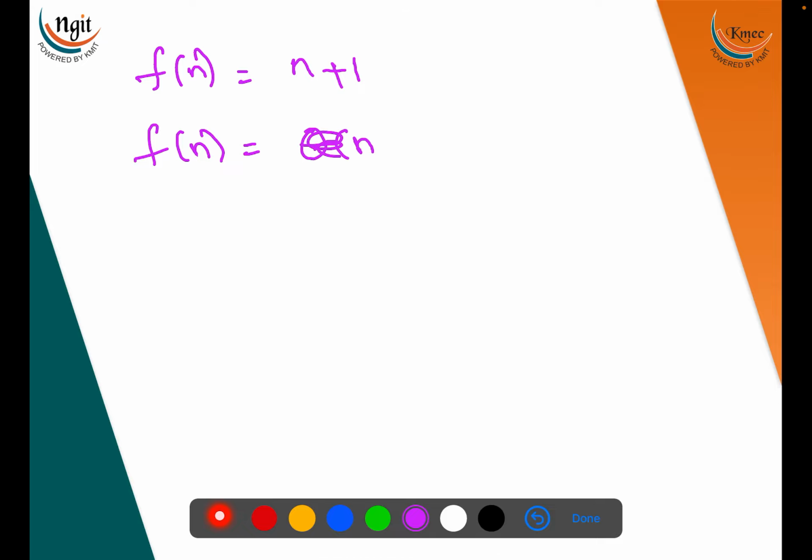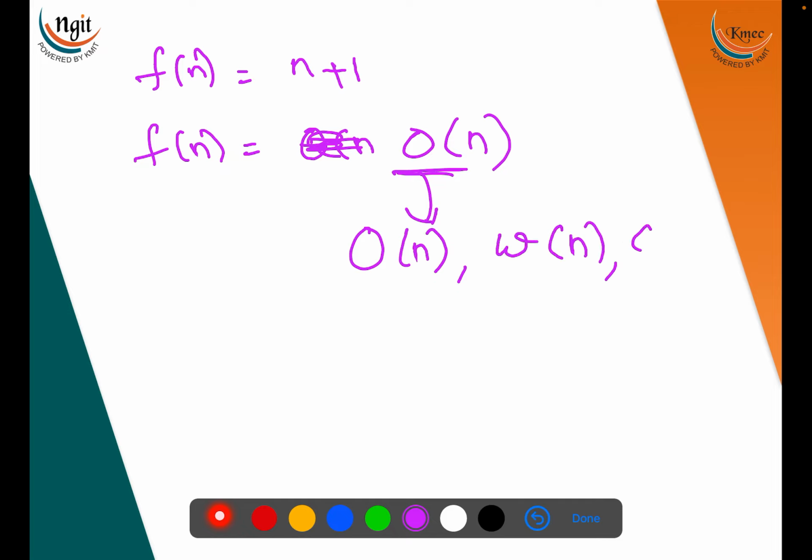It's not theta, it's order of n. This order of n can be big O of n, omega of n, theta of n; you can write anything in place of the big order of n. So order of n, how did we get it? n plus 1 is the number of recursion calls. The 1 is a constant, so n is what we consider.